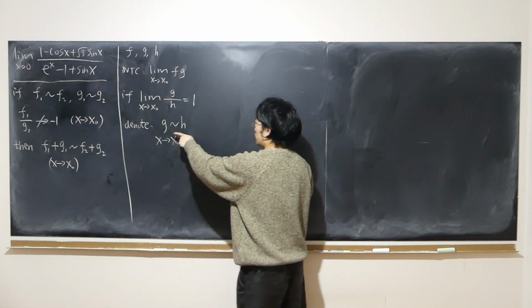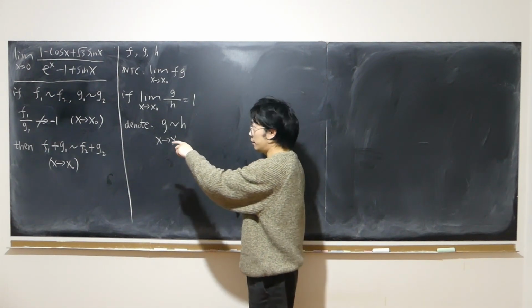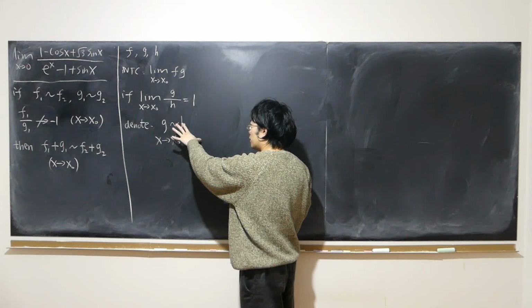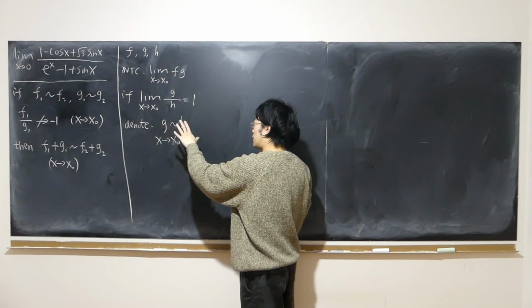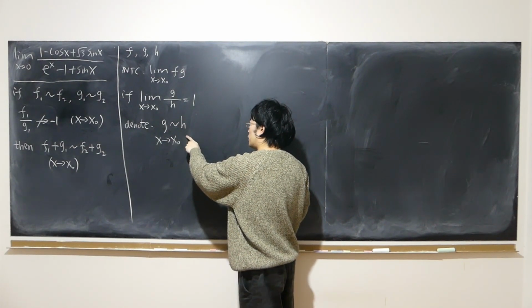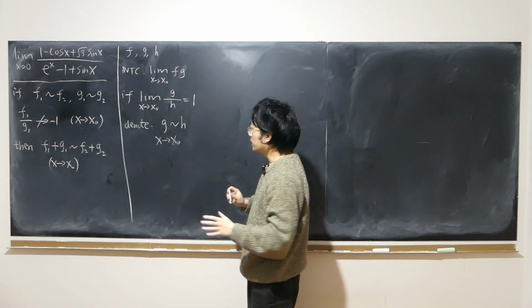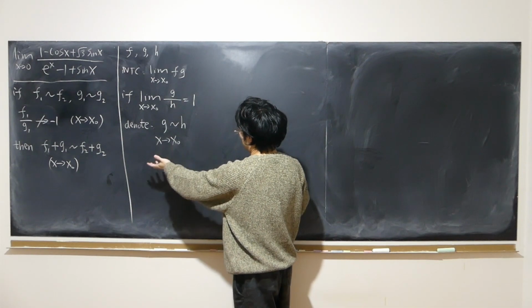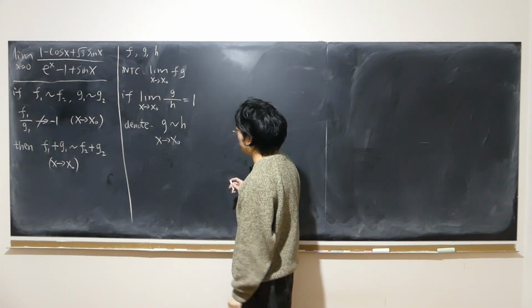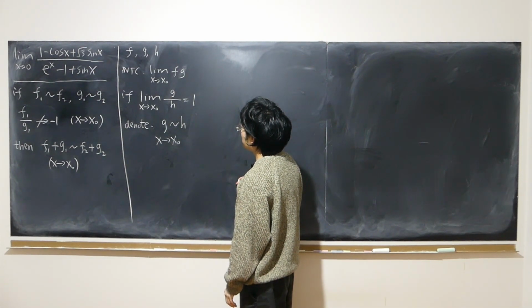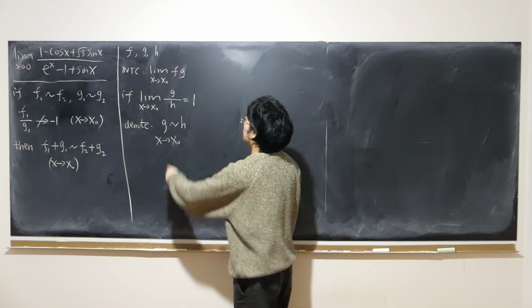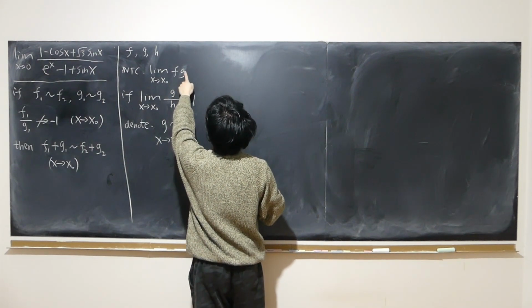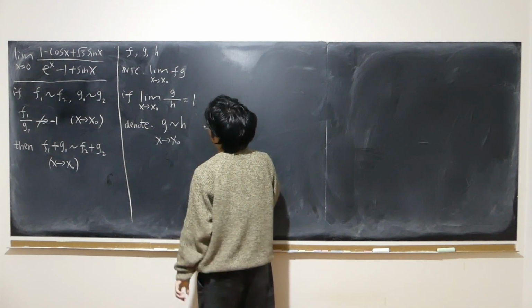In the context of infinitely small, if g and h both approach 0, then I say g and h are equivalently infinitesimal as x approaches x naught. Maybe x naught is 0 or some other constant, whatever. In that case, we can simply replace g with h to calculate this limit.